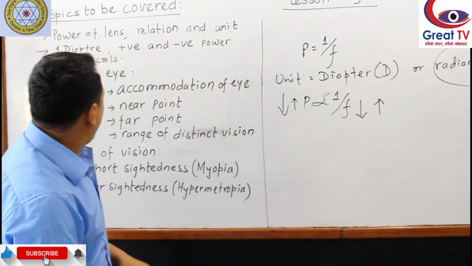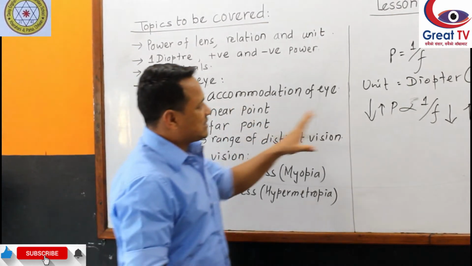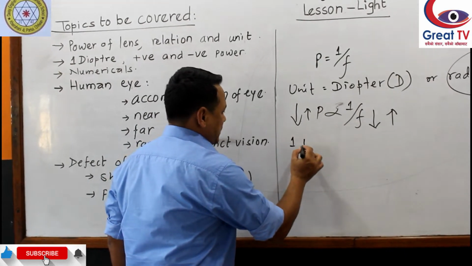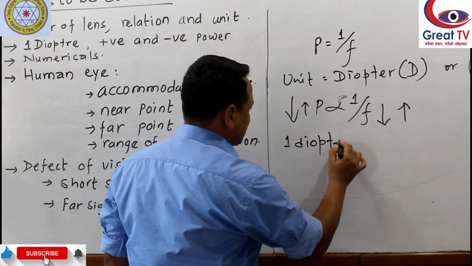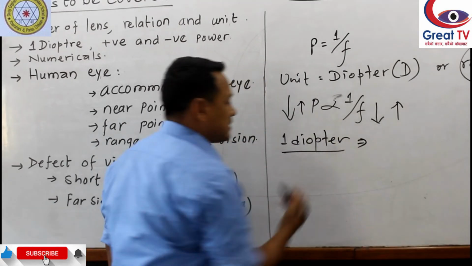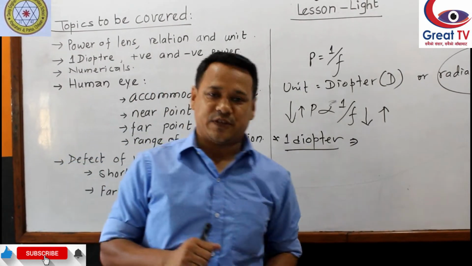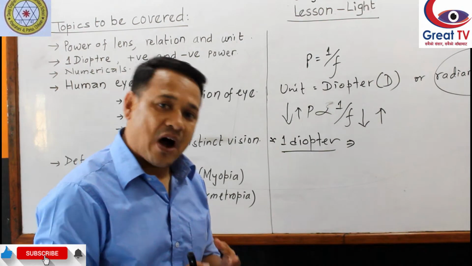So this is power of lens, and the unit is diopter. Then what is the meaning of one diopter? How can you define one diopter power?